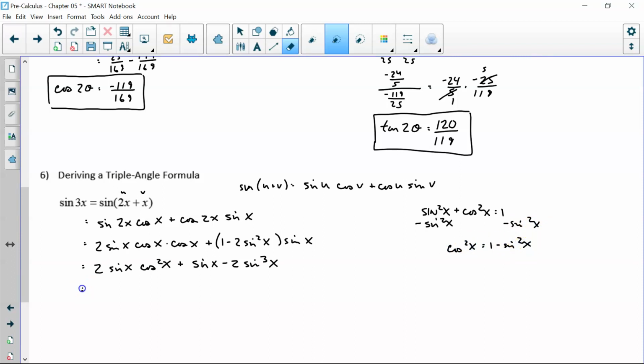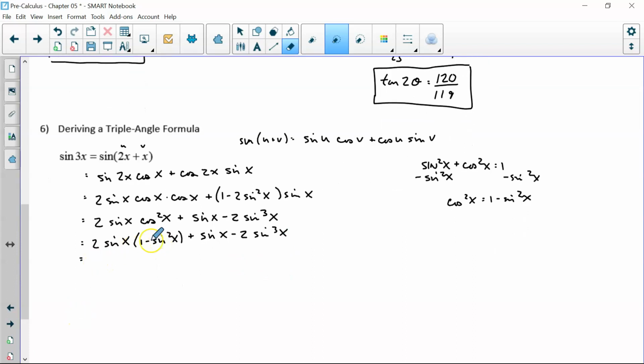So I'm going to rewrite 2 sine of x times 1 minus sine squared x plus the sine of x minus 2 sine cubed x. A lot of just simplifying here. So when you distribute, you get 2 sine of x minus 2 sine cubed of x plus the sine of x minus 2 sine cubed x.